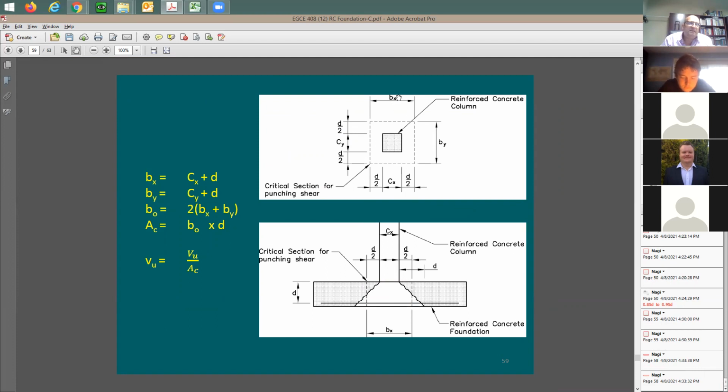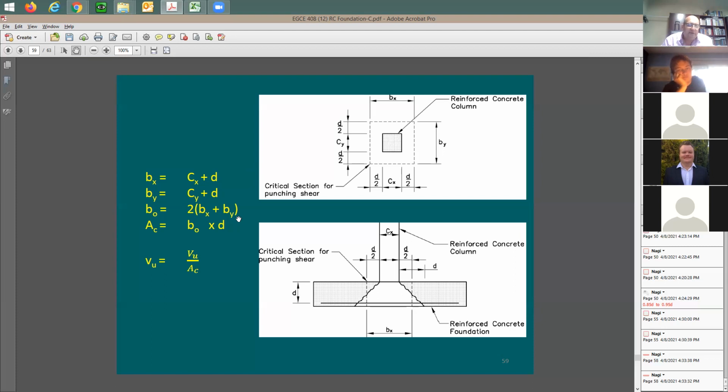This bx is going to be equal to the column size in the x direction plus d. Why? Because you have a half on this side and a half on this side. So here's the equation. by is also equal to c sub y, the column dimension in the y direction, plus d. The perimeter, we're going to call it b sub 0, is 2 times this length plus this length, 2 times (bx plus by).